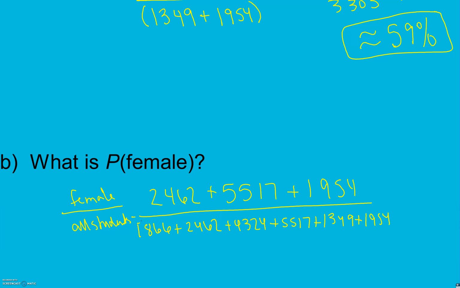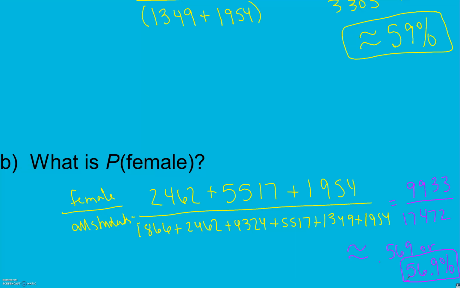When we add these up here, we're going to get 9,933 for females out of 17,472 total students. And when we divide that, we're going to get approximately 0.569 or 56.9%. And that makes sense if we look at our data.